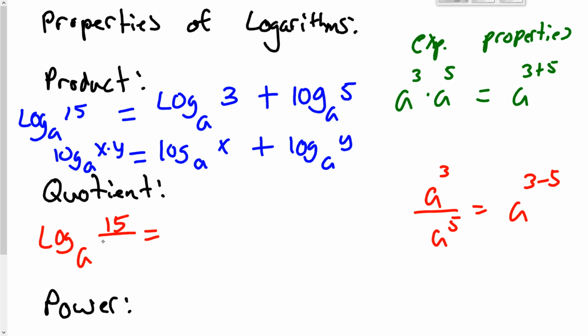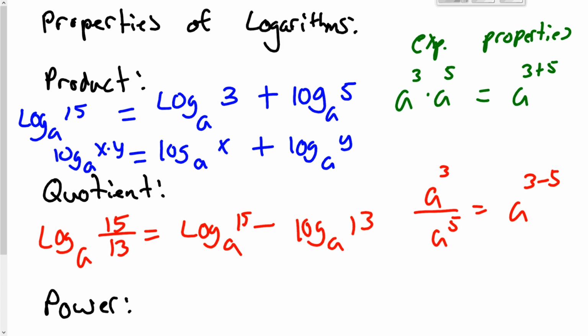Maybe I put like 15 over 13 or something. Then I can rewrite that log as 2 separate logs that are being subtracted. And then the top comes first, just like on the exponent. But just make sure you have that same base.